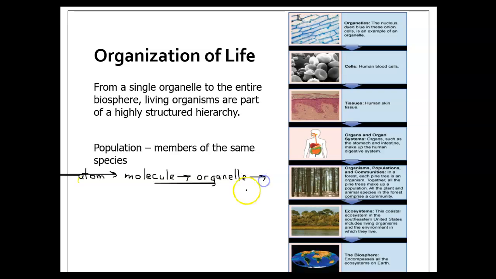But the smallest unit of living things that contains all the characteristics of a living thing is called a cell. So the next level of organization would be the cell. Now sometimes we stop here because if you think about it, bacteria are unicellular. So we would stop at the cell for bacteria. But for multicellular organisms, groups of cells are tissues.